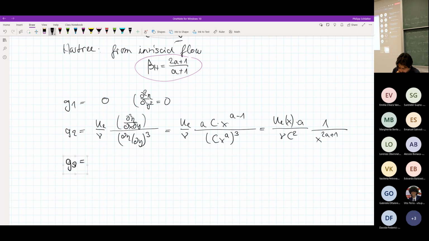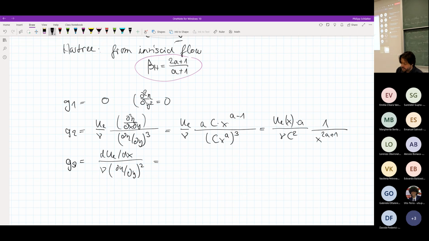Okay? Now we just need to do the same for G3. G3, the definition was du_e dx. Actually, this could be a normal derivative because u_e can only be a function of x. So du_e dx divided by nu times d eta dy squared.